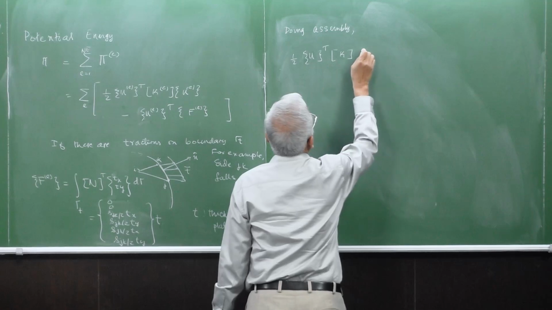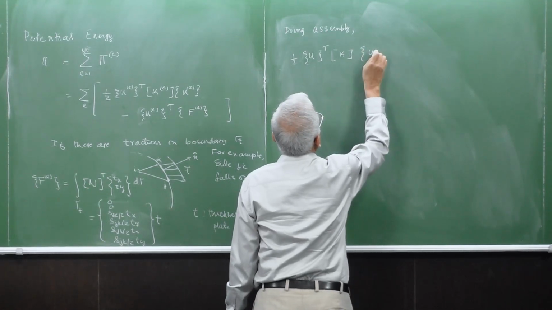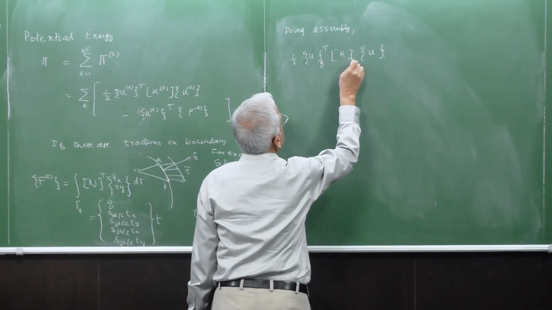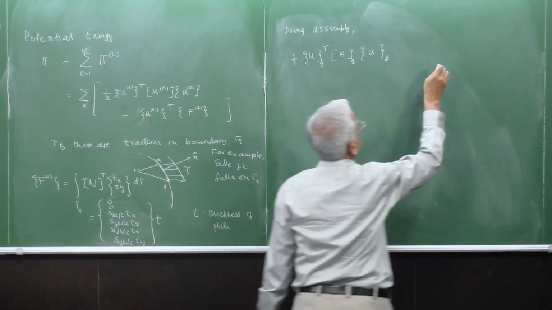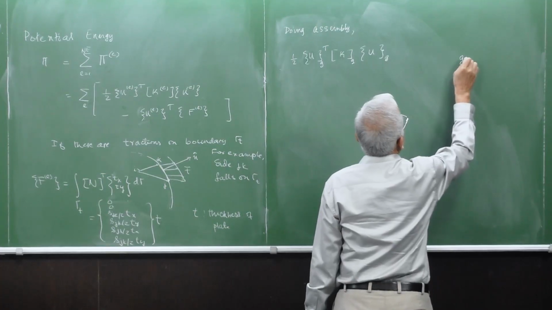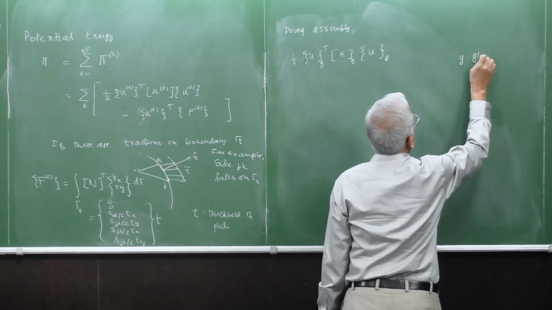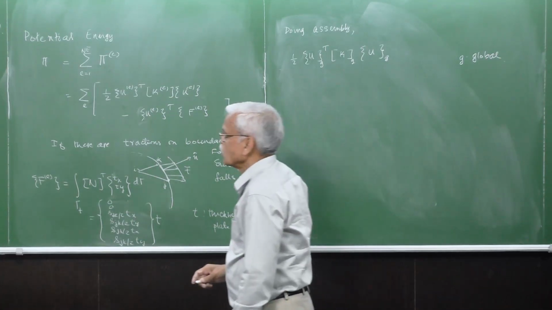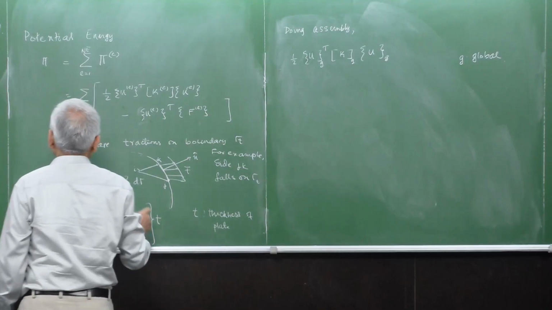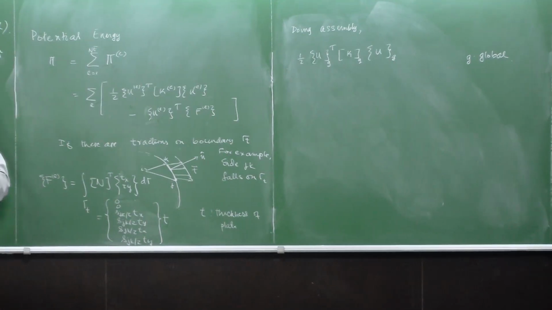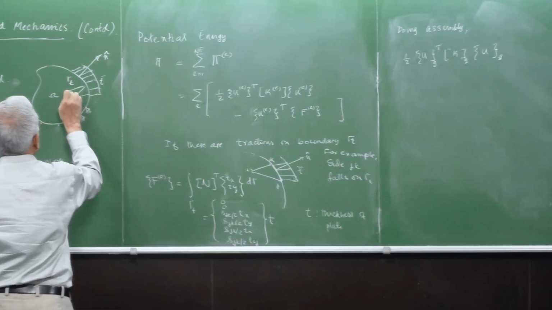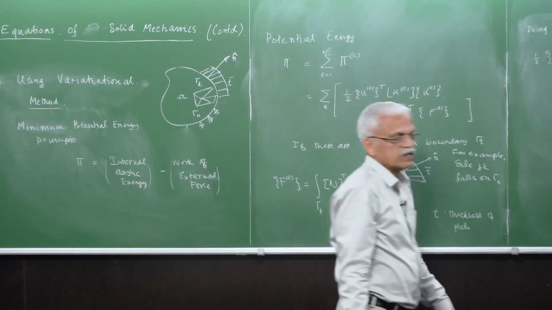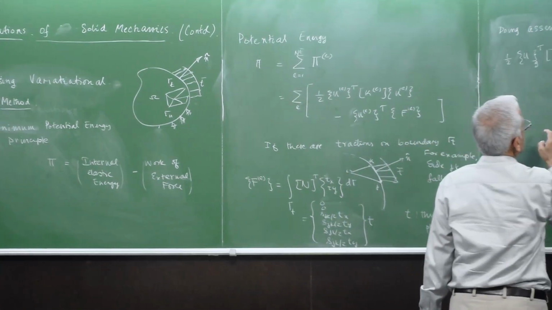So these are all, let me just put it as G here. So G is global in the sense that it will include all the elements. So here we have many elements, right? Because of that, this will include all the things.